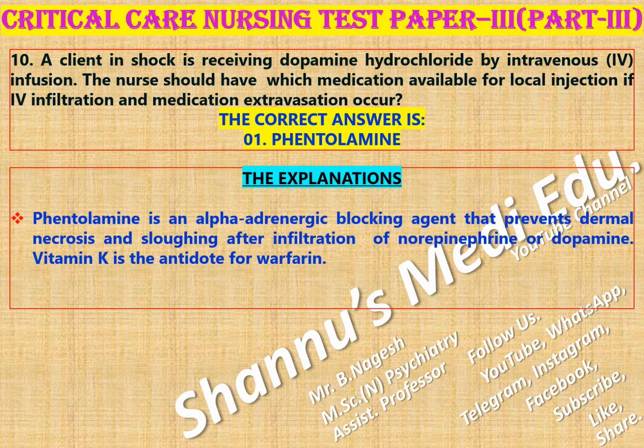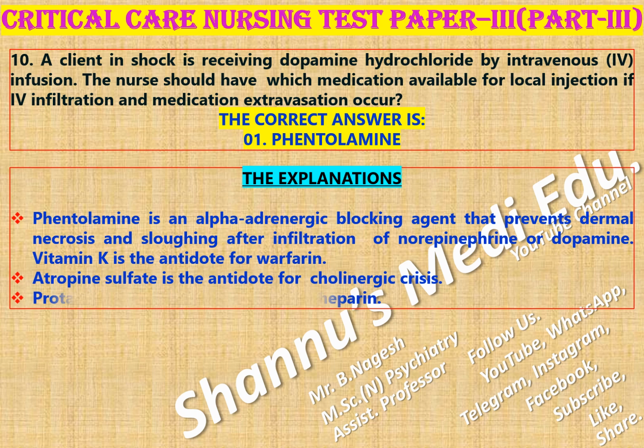The explanation of the question. Phentolamine is an alpha adrenergic blocking agent that prevents dermal necrosis and sloughing after the infiltration of norepinephrine or dopamine. Vitamin K is the antidote for warfarin. Atropine sulfate is an antidote for cholinergic crisis.